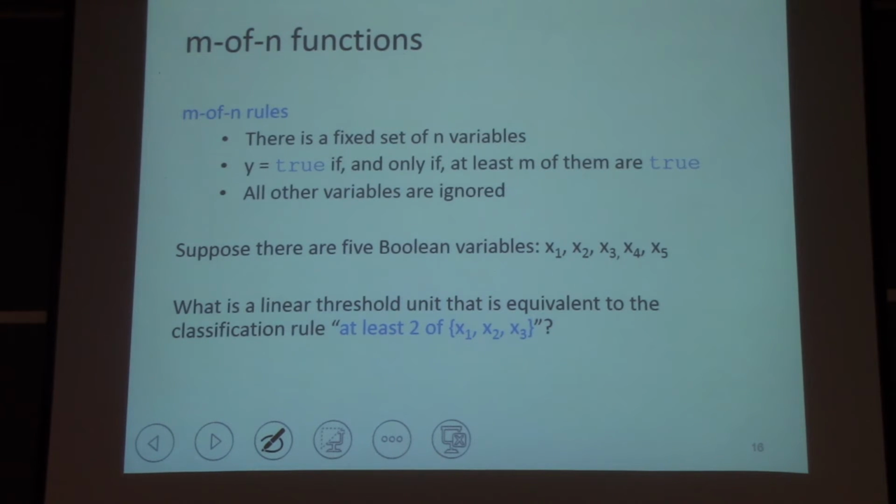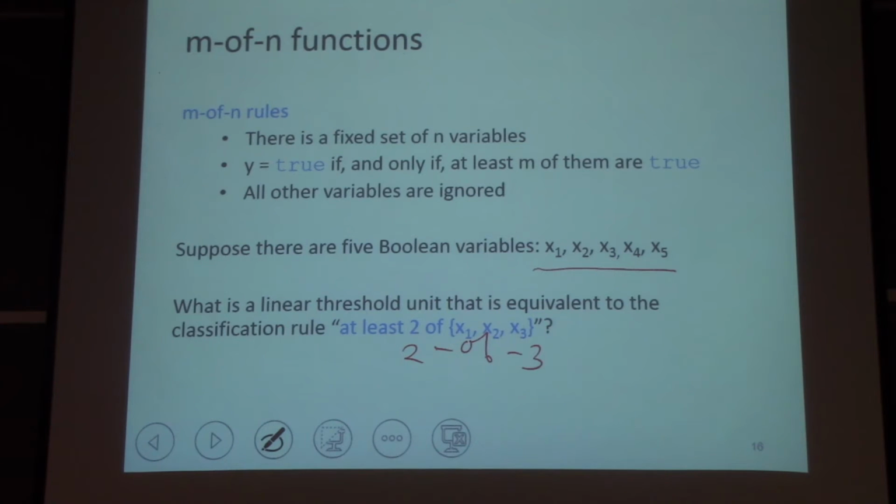So, for example, if you have 5 Boolean features, x1 through x5, and I have decided that the 3 special features that are relevant here are x1, x2, and x3, and I'm defining an m of n function, in this case a 2 of 3 function, as at least 2 of these 3 features should be true for the output to be true.